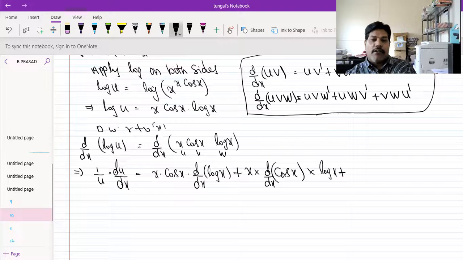The third one, I will take that: the derivative of x, the first function, into the second function into the third function.